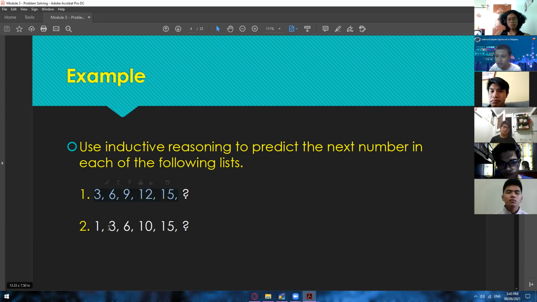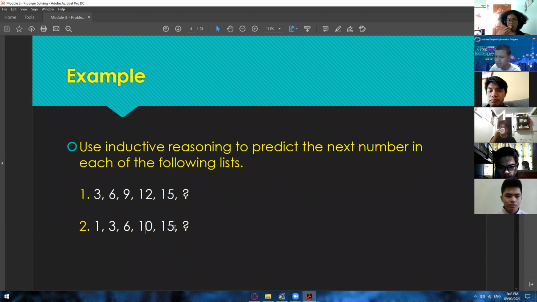How about number 2? We have 1, 3, 6, 10, 15. 21. So what about the others? Do you have the same answer? 21 also. Okay, so this one is quite harder.